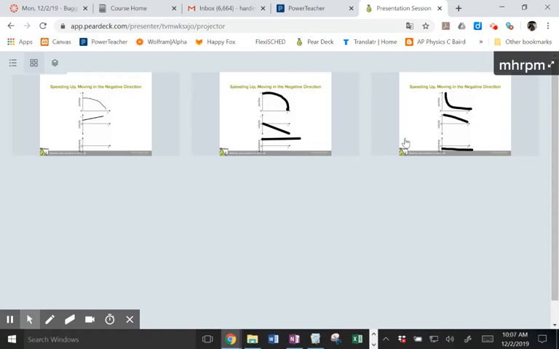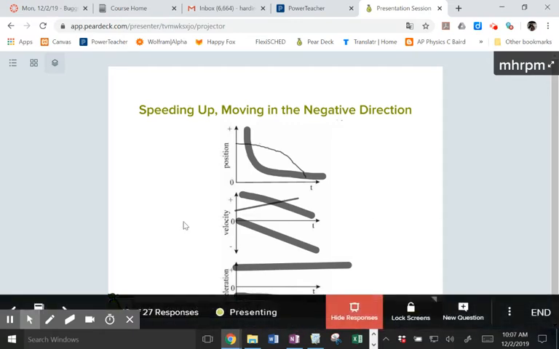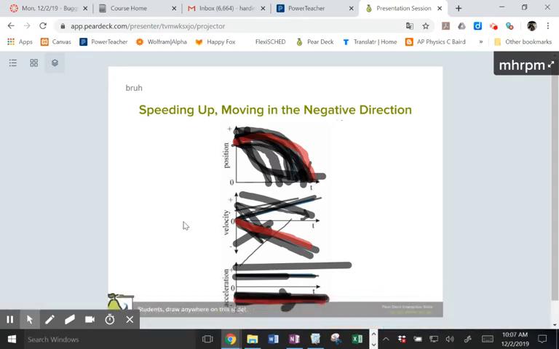And in the end, it's going very fast. Okay. So now we've got more of a consensus type look on the position time graph.